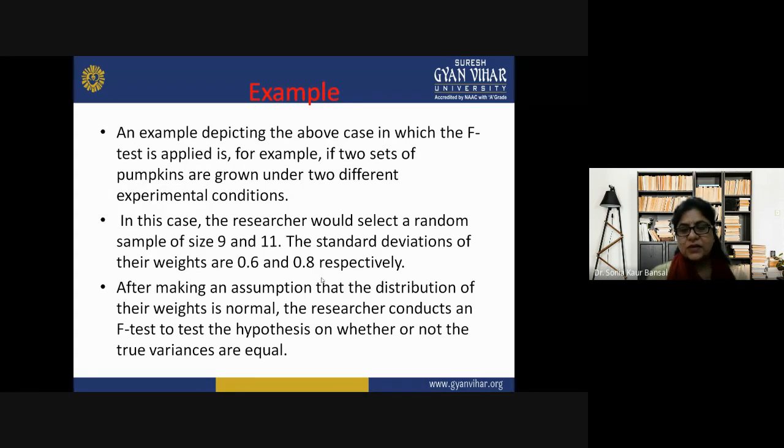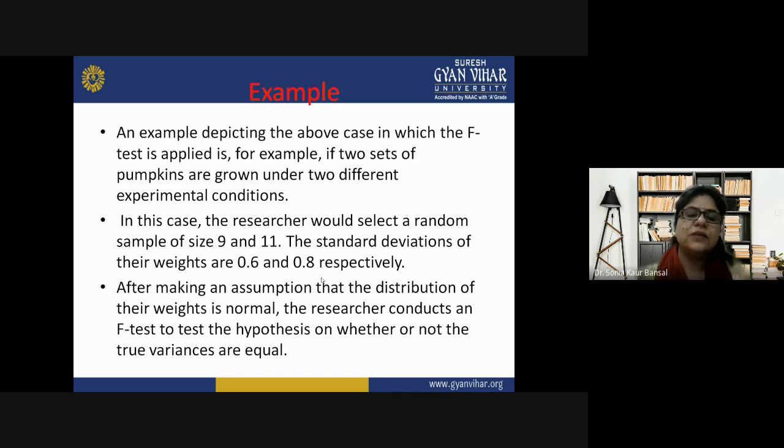In that case, the researcher would select a random sample of size 9 and size 11. I hope you are understanding, students. The standard deviations of their weights are 0.6 and 0.8 respectively. After making an assumption that the distribution of their weights is normal, the researcher conducts an F-test to test the hypothesis on whether or not the true variances are equal.